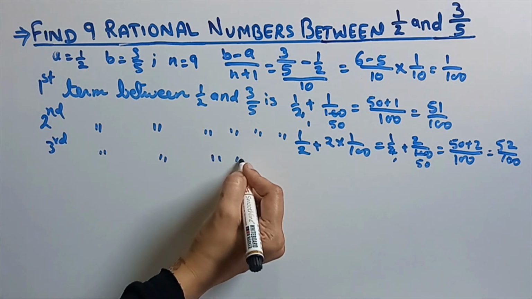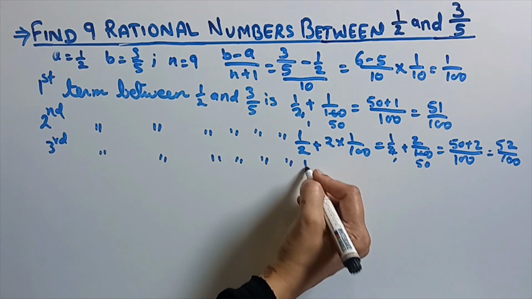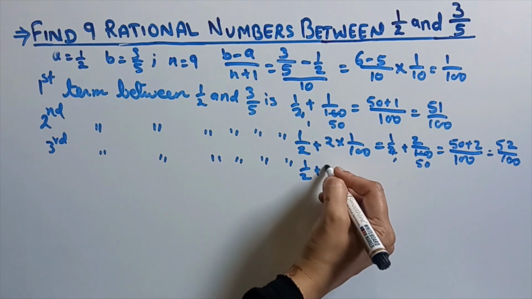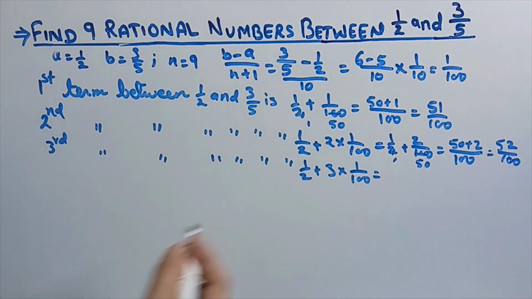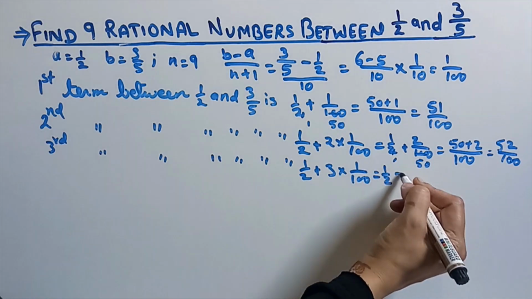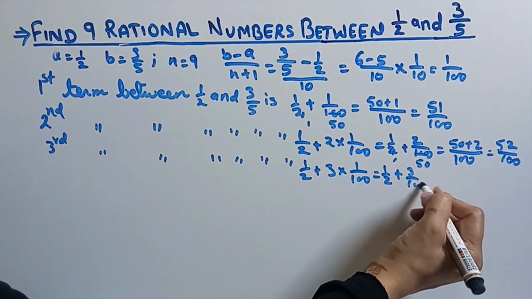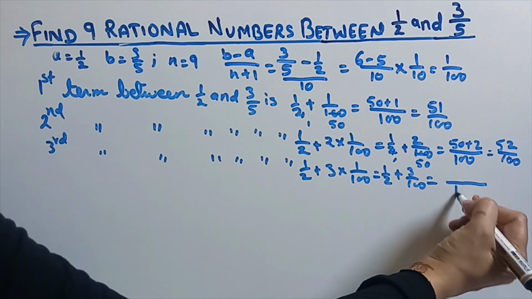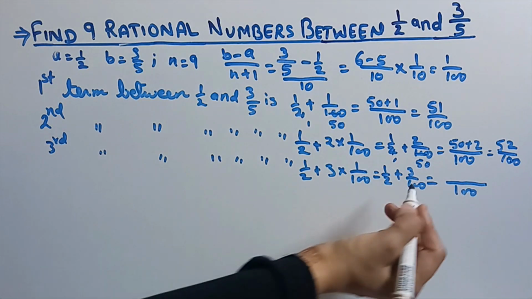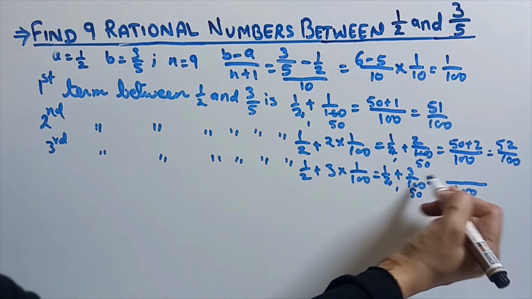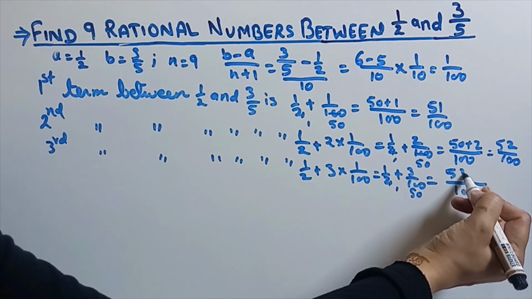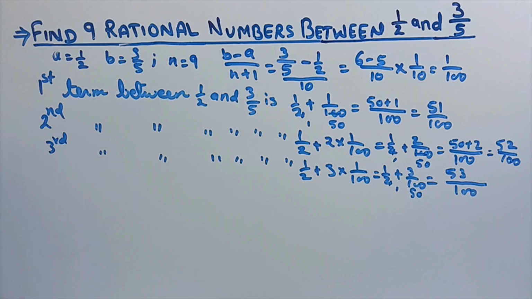Now third term between 1 by 2 and 3 by 5 is 1 by 2 plus 3 into 1 by 100. So this will become 1 by 2 plus 3 by 100. Again I am taking LCM, 100 is down. Now this is 50, this is 2 1s are 2, so 50 plus 3 is 53 by 100.